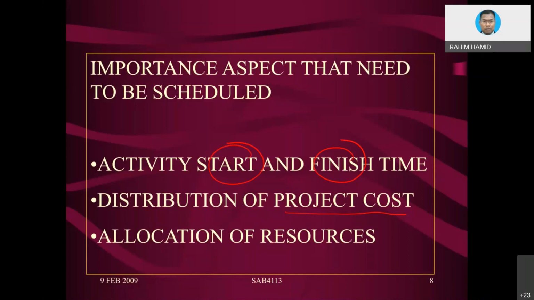But how do you distribute it into each activity? That would be one thing. But then among all the activities that fall within the time frame of the first month, for instance, you want to know how much money you need to spend in the first month. And that will reflect your monthly cash flow.